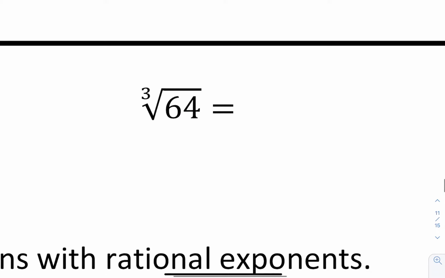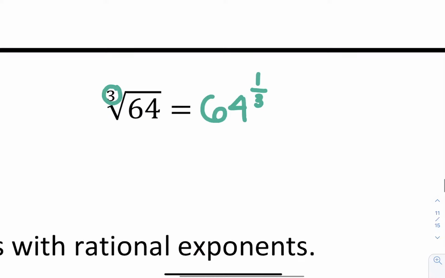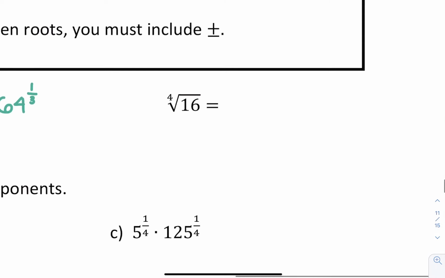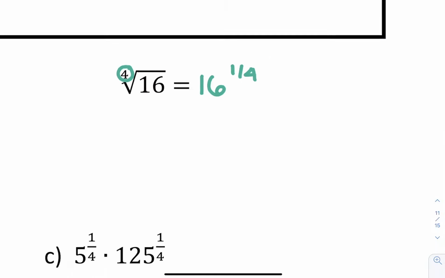If I have the cube root of 64, this just becomes 64 raised, and now I look at this number, to the 1/3. If I have the 4th root of 16, this is equivalent to saying 16 to the 1/4. So now our exponents are actually fractions, which is where we get the term rational exponent.